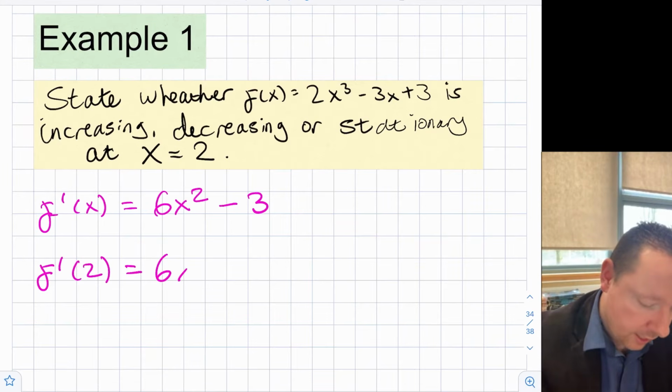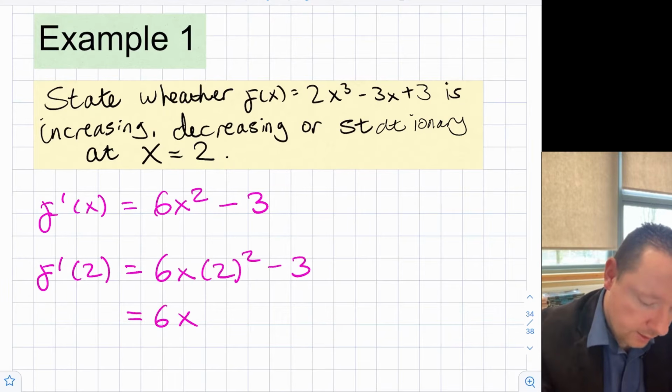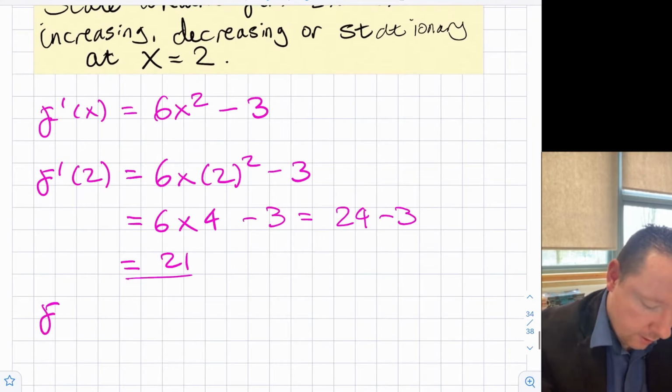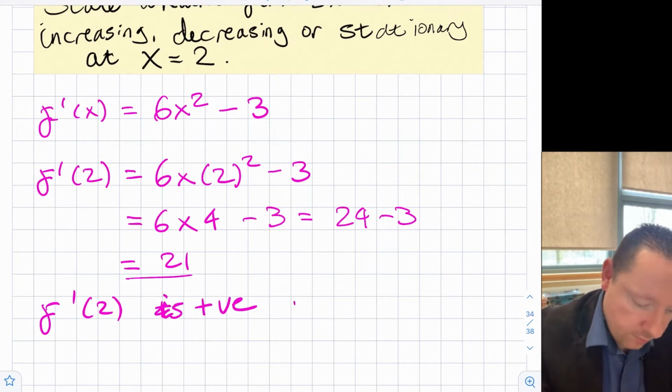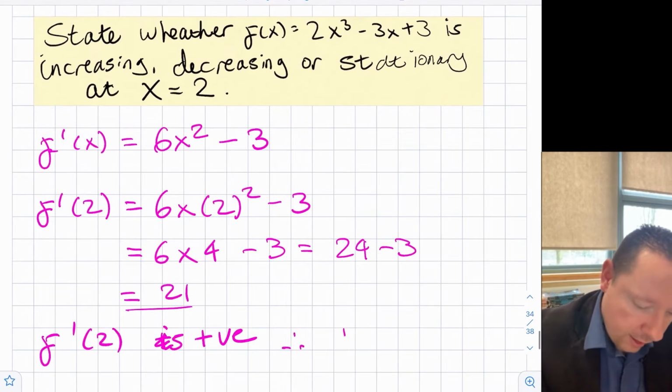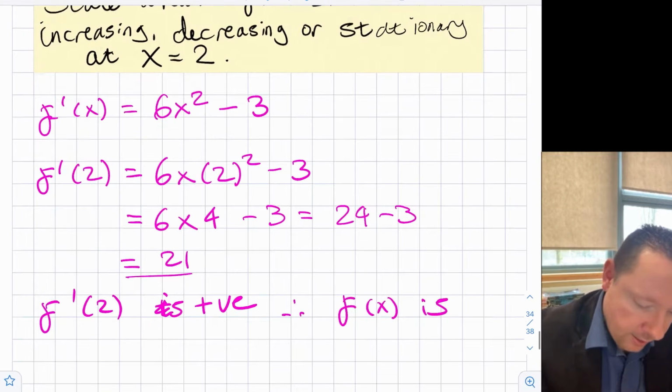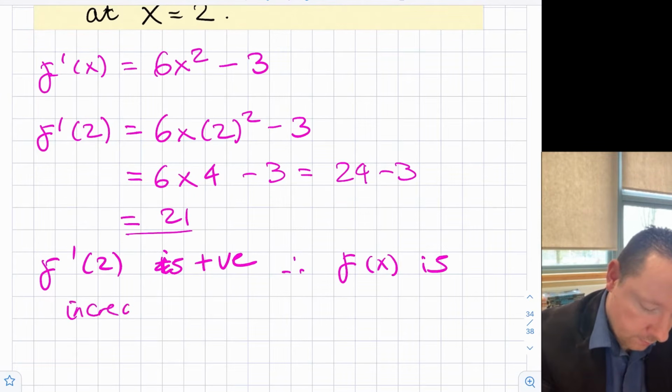So that's 6 times 2 squared minus 3, 6 times 4 minus 3, 24 minus 3, which is equal to 21. F dash 2 is positive, therefore f of x is increasing at x equal to 2.